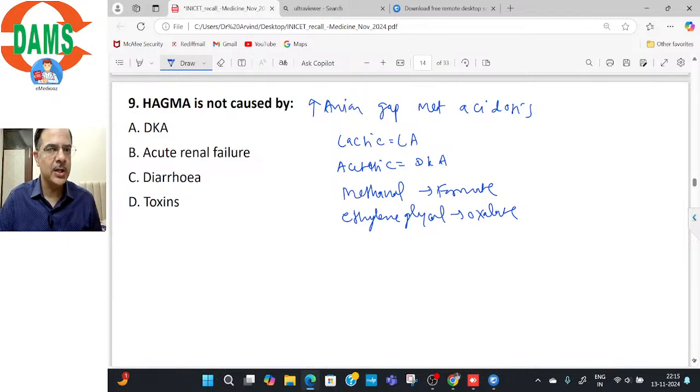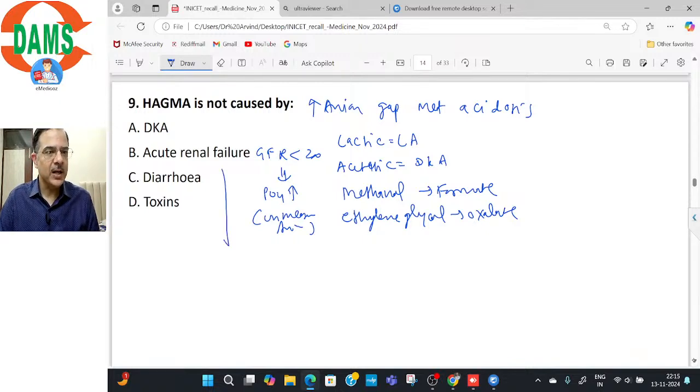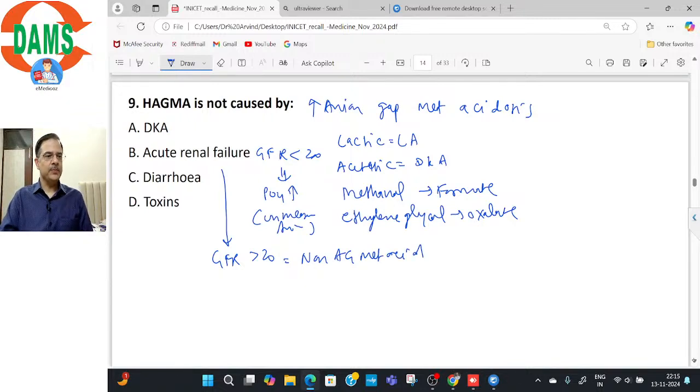Now the tricky question is between acute renal failure and diarrhea. When in acute renal failure the GFR becomes less than 20, the phosphate levels increase, and phosphate is an unmeasured anion. So that causes high anion gap acidosis. While if the renal failure has a GFR of more than 20, then it can be a non-anion gap metabolic acidosis also. So know this, it is important. Okay, sir, the option was inborn error of metabolism.